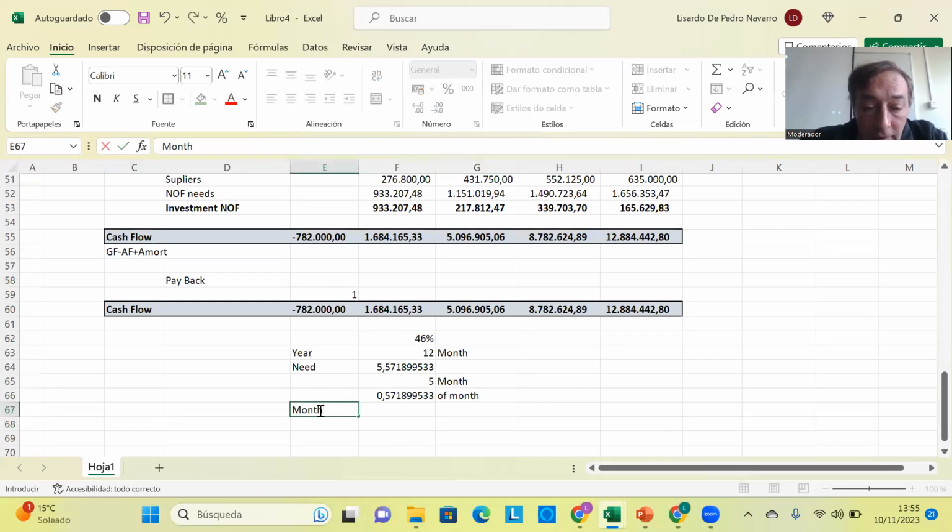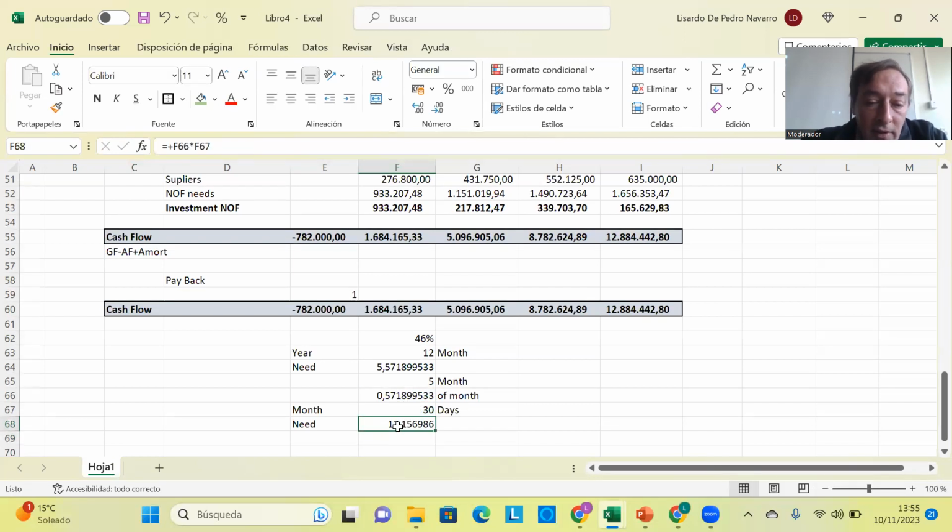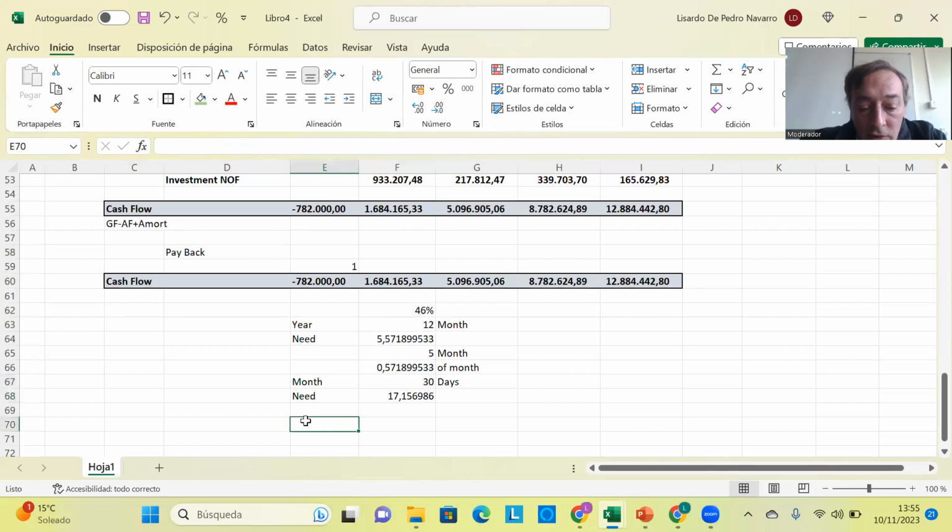As 1 month has 30 days, we need 0.57 by 30 days, 17 days. So the final solution is 1 year, 5 months, and 17 days.